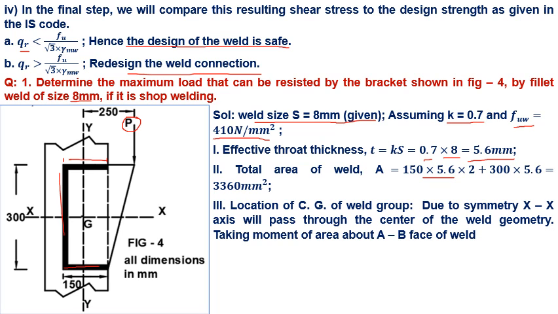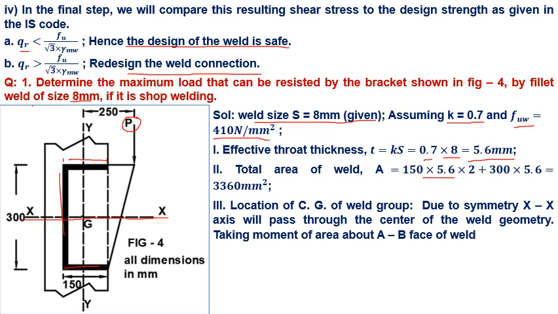In the next step, we have to locate the CG of the weld group. Due to symmetry, XX will pass through the center of the weld. XX passes through the center of the weld geometry.